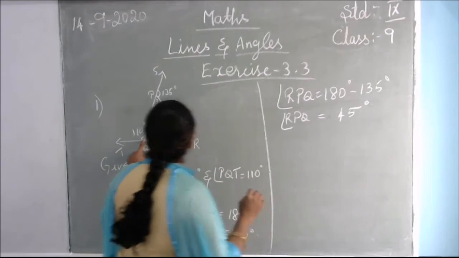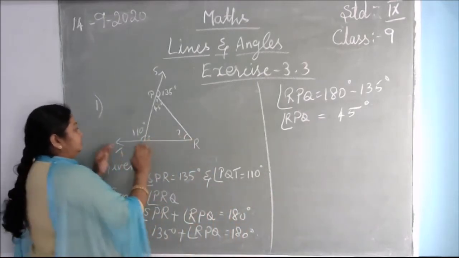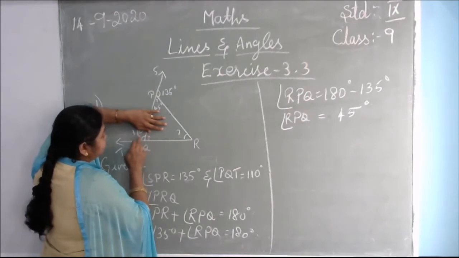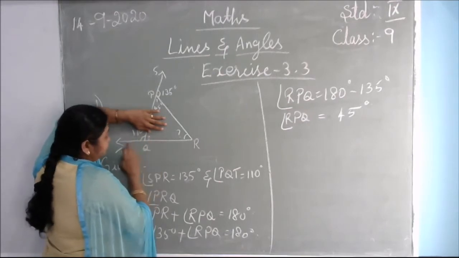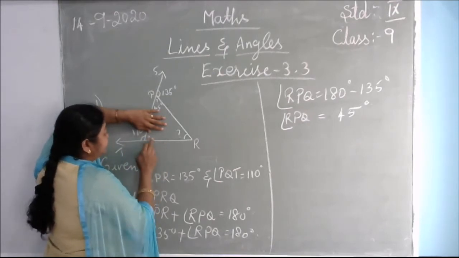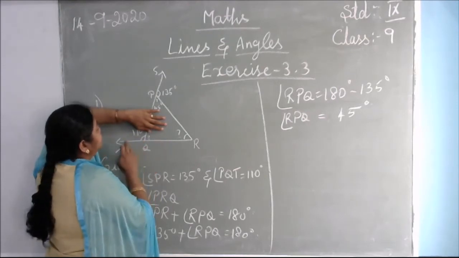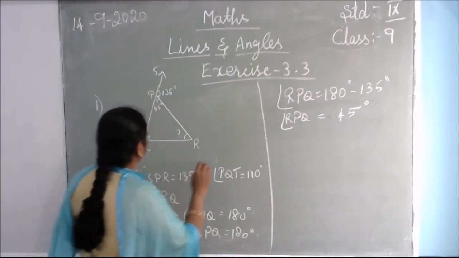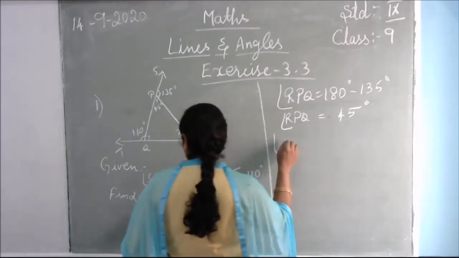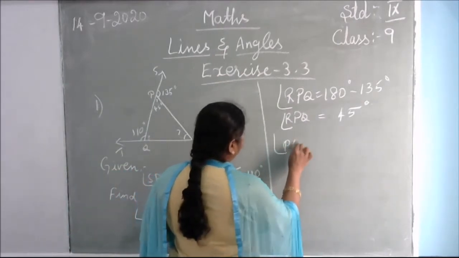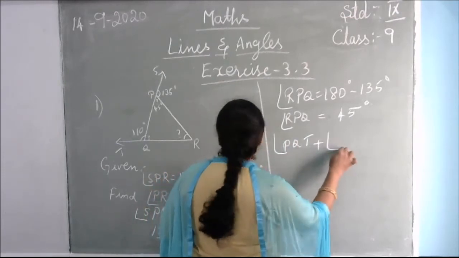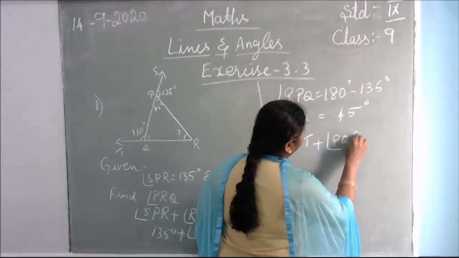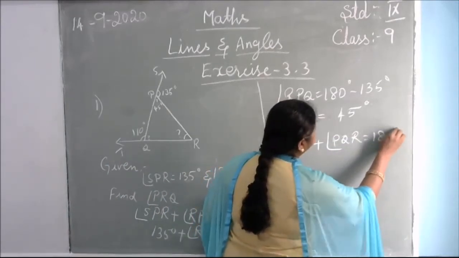Okay. Next we have to find out this angle. See, this is also a straight line. If you add these two adjacent angles, this is a linear pair of angles, adjacent also and supplementary also. So if you add these two angles, you will get 180 degree. So angle PQT plus angle PQR is equal to 180 degree.